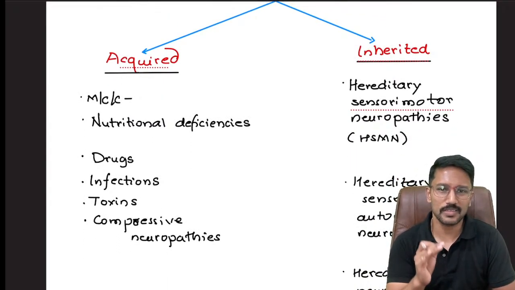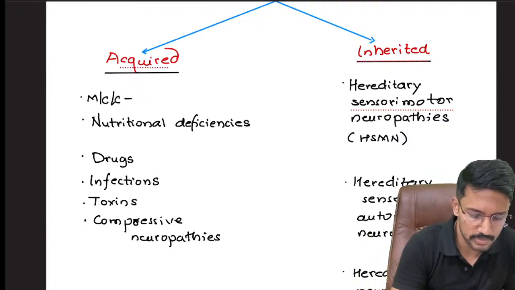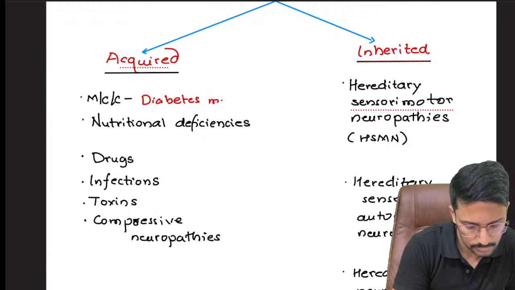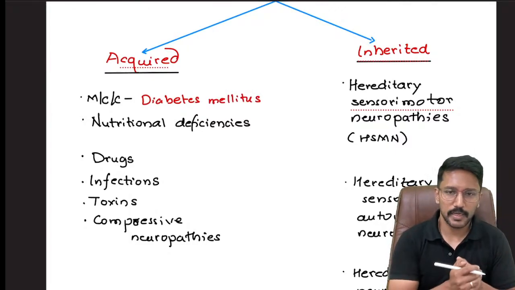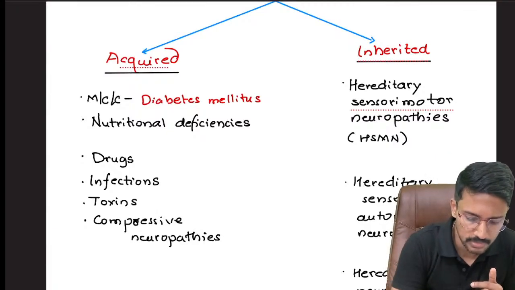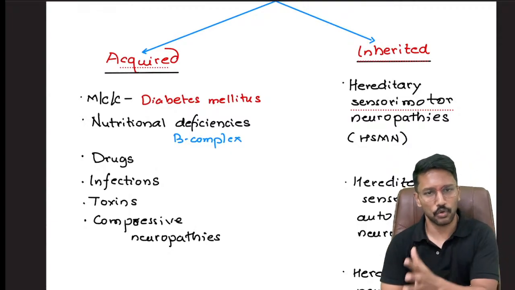First MCQ point is, what is the most common cause for neuropathies? The most common cause for neuropathies is diabetes mellitus. Apart from diabetes mellitus, nutritional deficiencies can also cause neuropathies. And when it comes to nutritional deficiencies, remember it is mainly deficiencies of the B complex group of vitamins that are known to cause neuropathies.